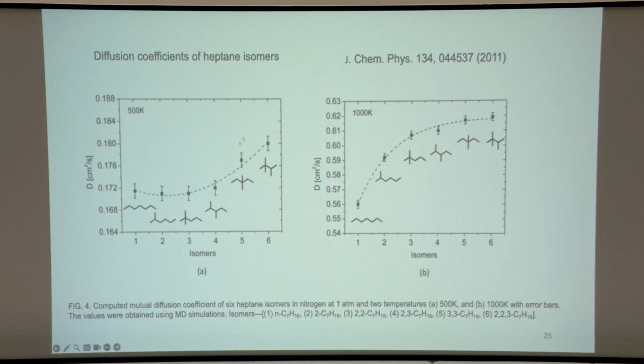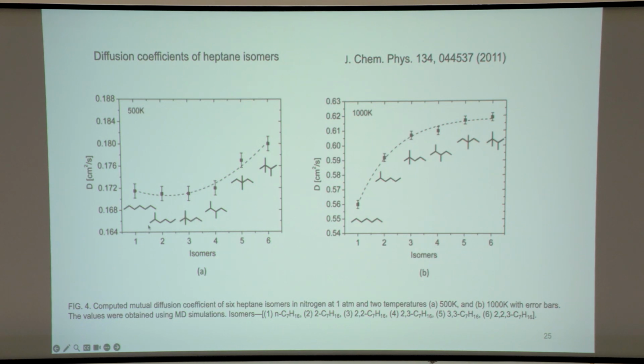Now you can also look at different isomers. These are different isomers of heptane, and the diffusion coefficients are shown here. N-heptane is the first isomer. Then you have things like 2-methylhexane, dimethyl alkanes. You start to see that even as you introduce branching in your molecule, you have differences in your transport data.